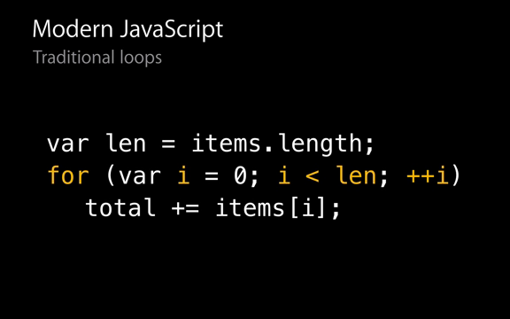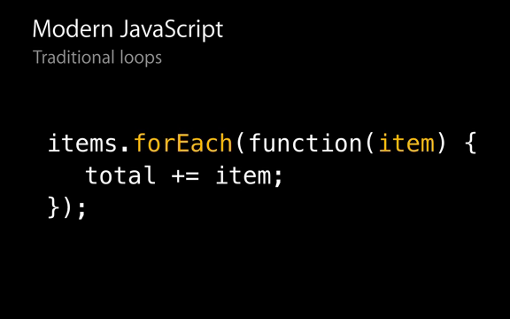Some people have avoided this syntax because it's ugly, and they use something called for each on an array that lets you iterate over individual items, and you handily get the item right there that you can work with. But this creates a closure. It does a lot of complex things that you might not want to deal with overhead-wise.